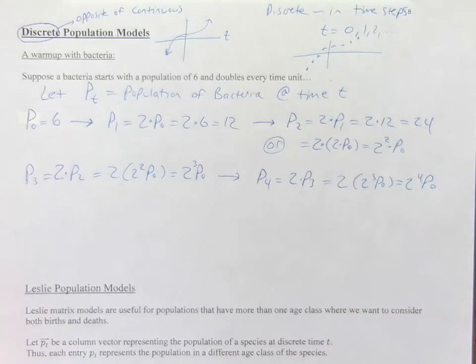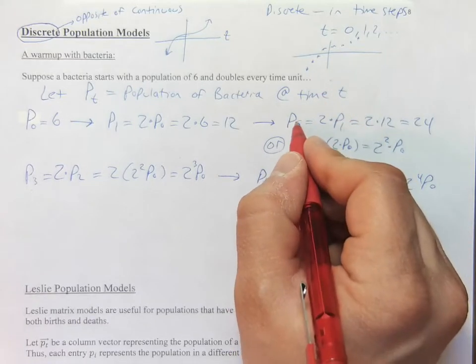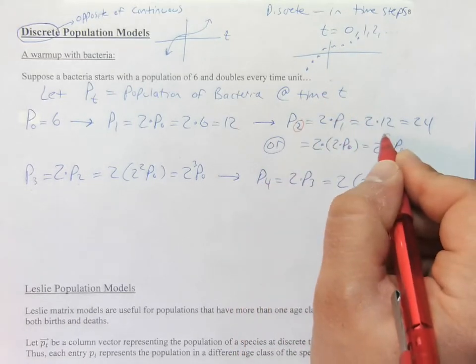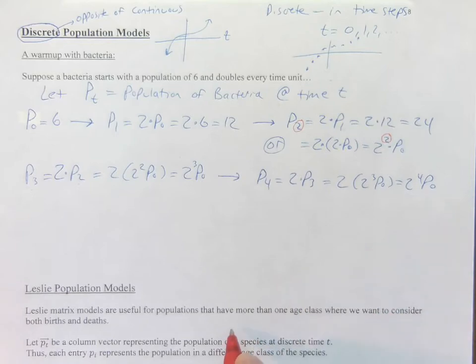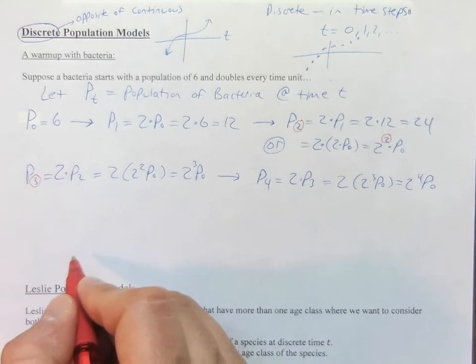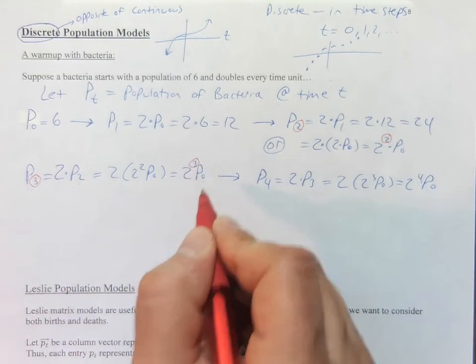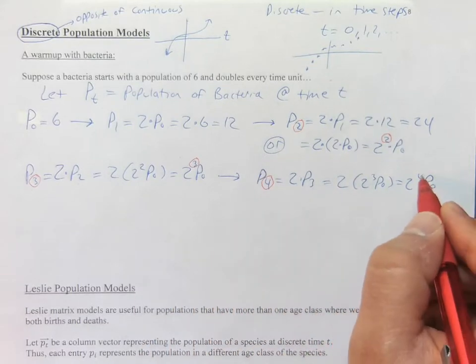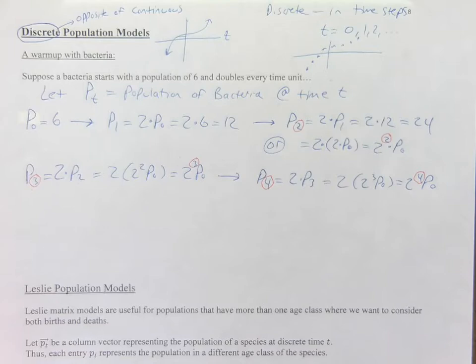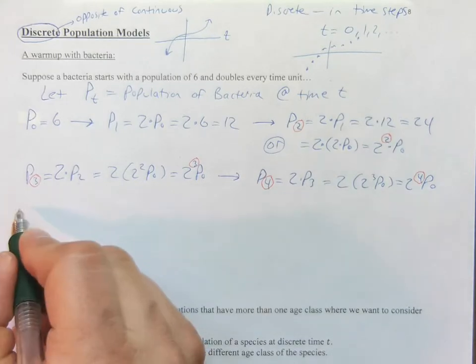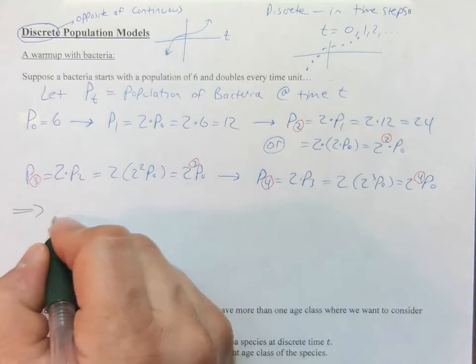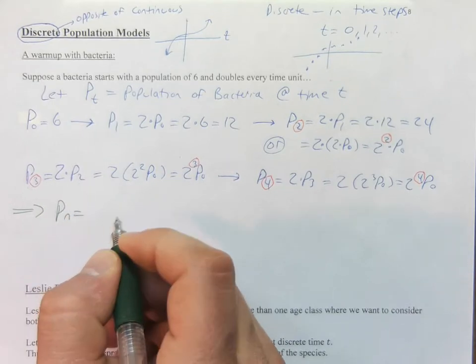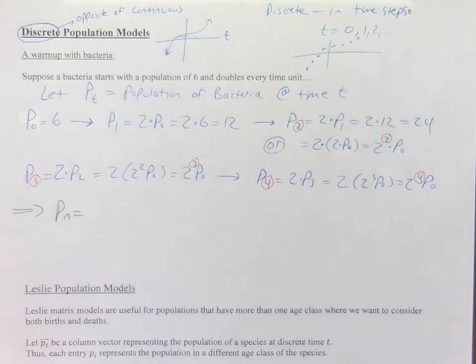Notice what happened here. When we wanted the second time step, we did 2 squared P0. When we wanted the third time step, we did 2 cubed times P0. When we wanted the fourth time step, we did 2 to the 4th times P0. And so, based on this work, can you come up with the formula for the nth time step?